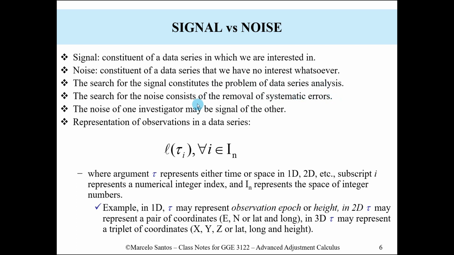These two sentences imply that the signal, the information that we are interested in, is the long-term variations, and the noise are the short period variations. So we could look at it from a simple perspective like that.